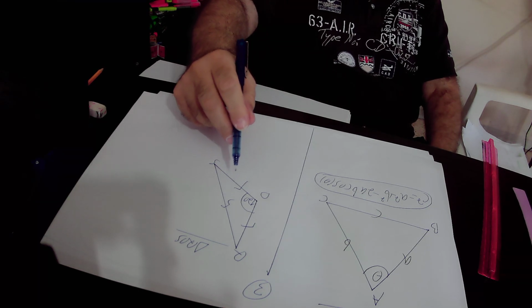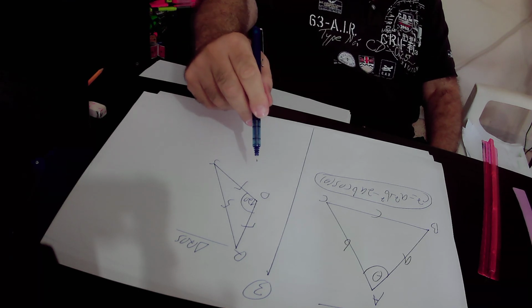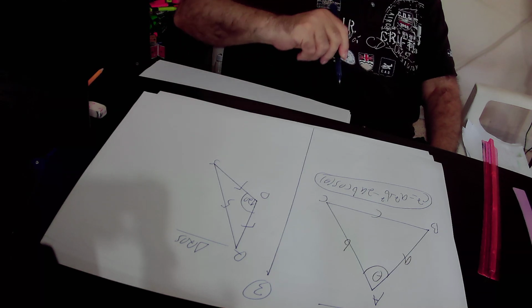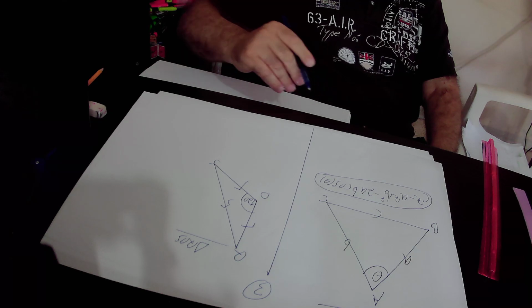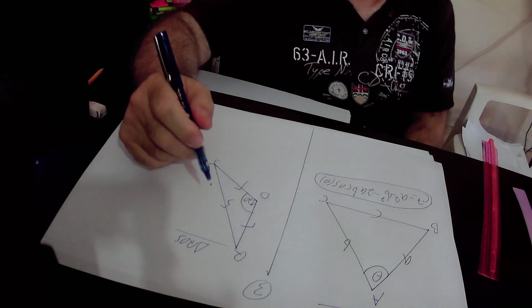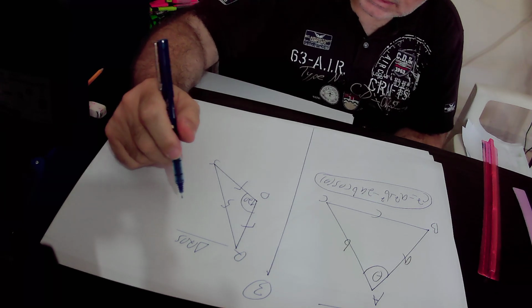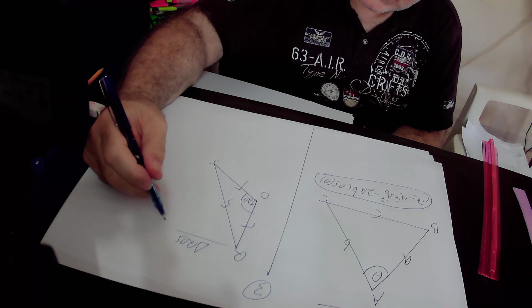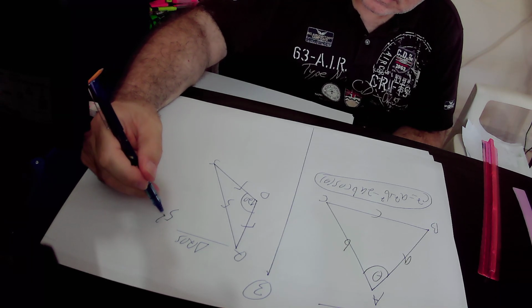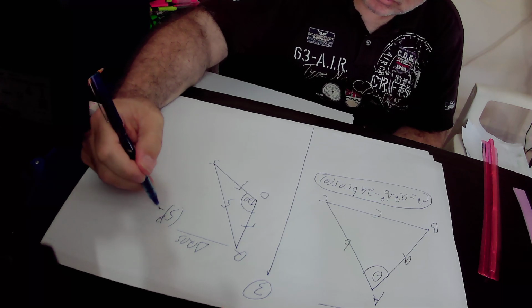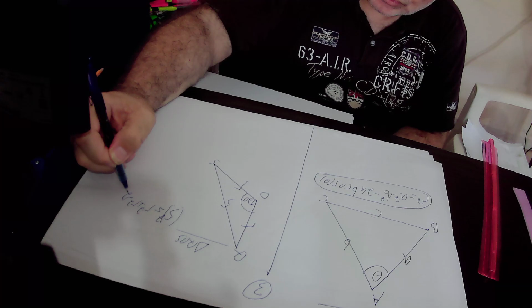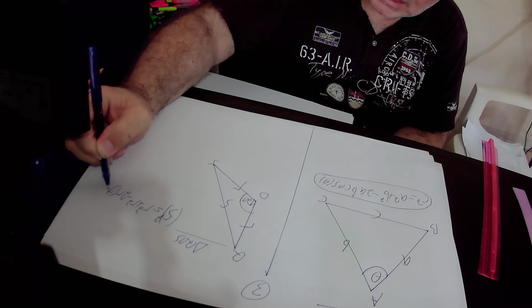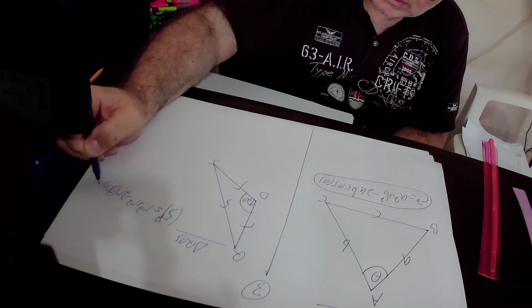QS equals 5 units, QO equals R, OS also equals R. According to the law of cosines, in triangle QOS, 5 squared equals R squared plus R squared minus 2 times R times R times cosine 120 degrees.